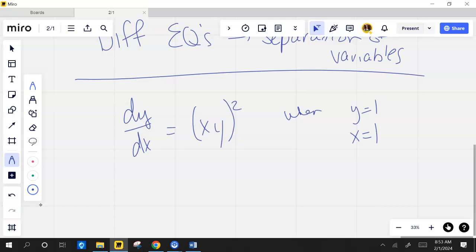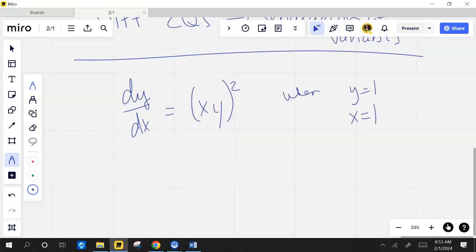Solve the differential equation given the conditions. Solve the differential equation, so solve it for y. At the end, you should have just a y. This might have been the day you weren't here.